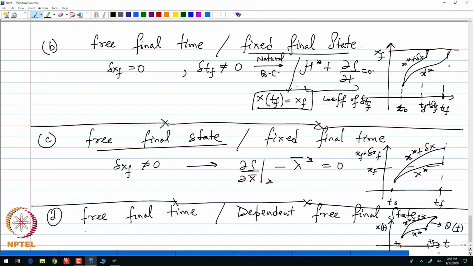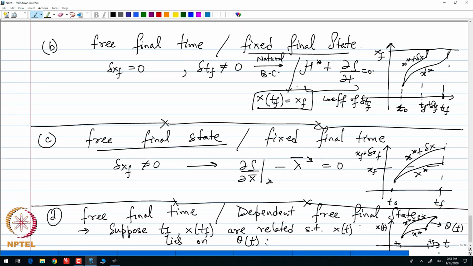So, what I am saying is the following: suppose my final time point T f and the state variable x of T f are related such that x of t lies on theta of t.